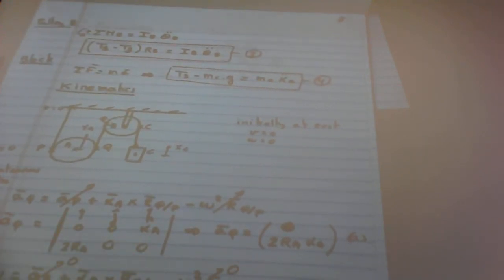Now, I think we kind of discussed this last time. How can we find a relation between x sub c and x sub a? It should be that x sub c is negative twice x sub a. Yes, but why? It's easy to understand, but then we need to prove it. Because what happens if this one is moving a distance 1?